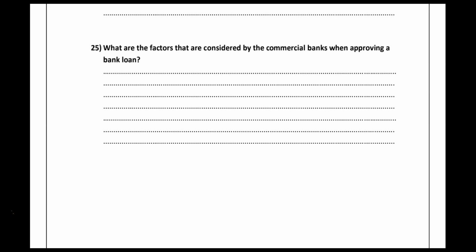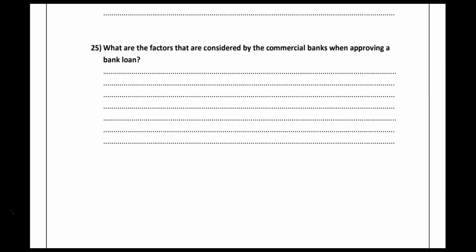In credit worthiness, the bank will evaluate what is the purpose of obtaining your loan. If the purpose and the amount of money that is required is reasonable, then the loan is approved.